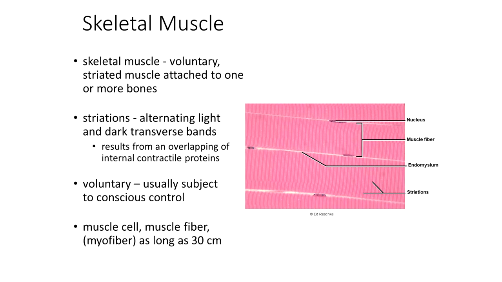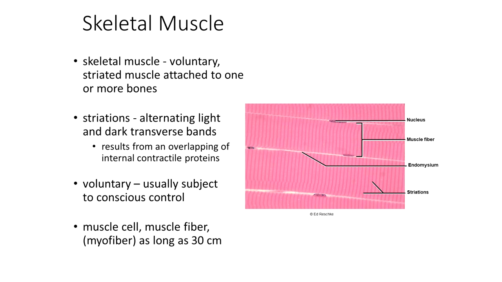And they contain striations, which are alternating light and dark transverse bands. And you can see them here in this picture. And that is a result from an overlapping of these internal contractile proteins that we will talk about later when we talk about how a muscle actually contracts. Again, they are under conscious or voluntary control.